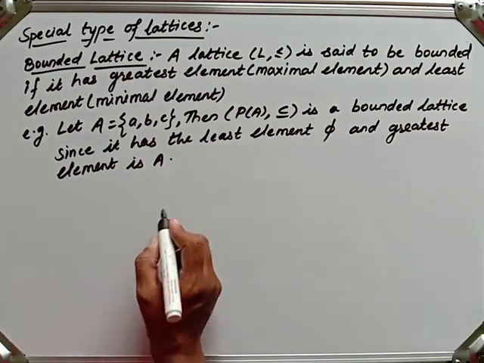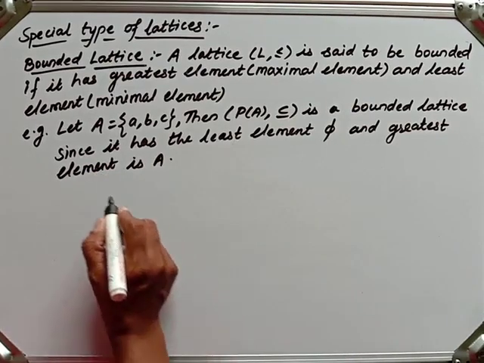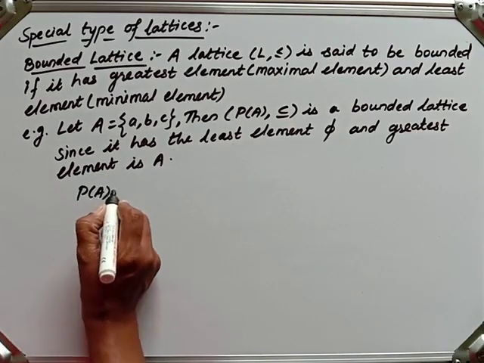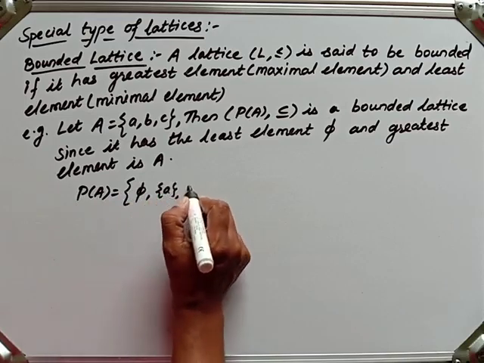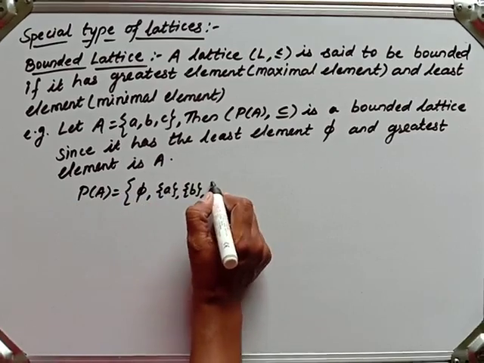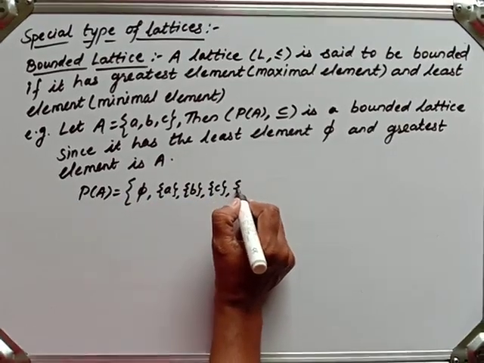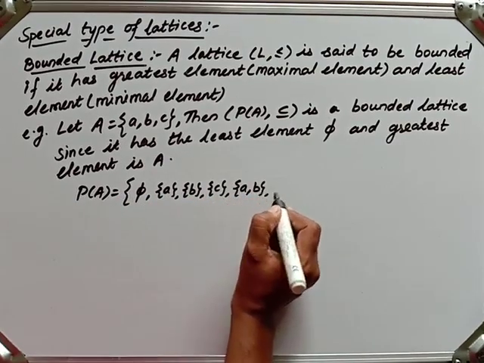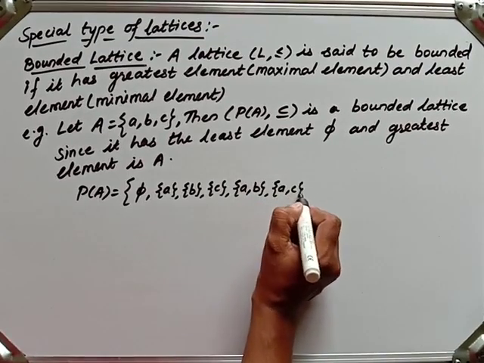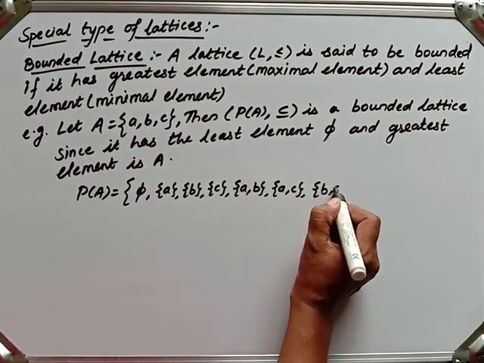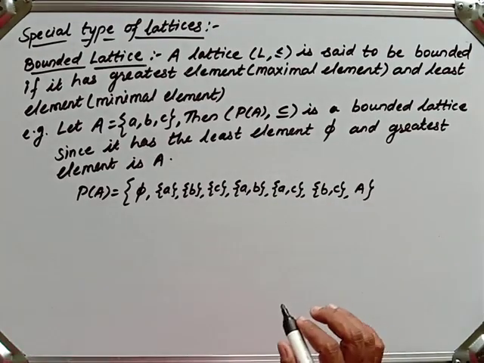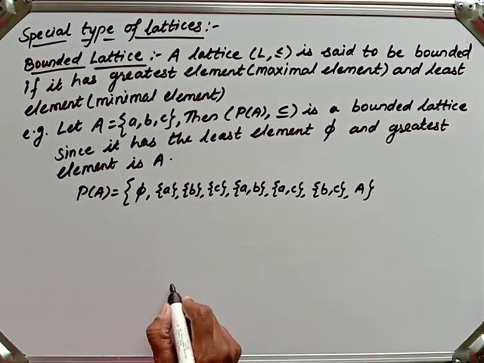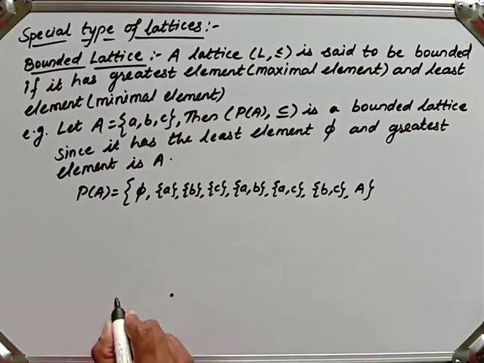Now let me draw a Hasse diagram for this. The power set of A has the elements phi, singleton a, singleton b, singleton c, then the pairs ab, ac, bc, and then the set A, which is abc itself. Now you know the Hasse diagram for it; just for your revision, I will draw it again.